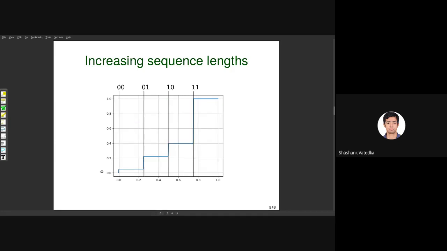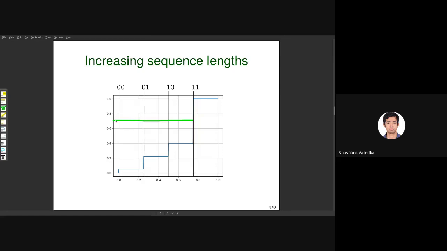Right? So now what if we have two symbols? So if I have two symbols, then this is what the CDF would look like. And once again, if you had to construct the Shannon-Fano-Elias code, then you would take the midpoint of the symbol that you're interested in. So this particular interval, take the midpoint.